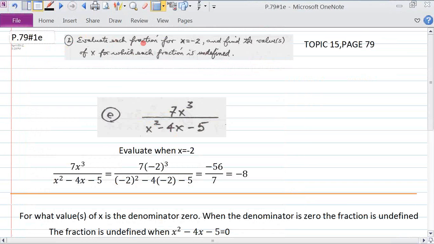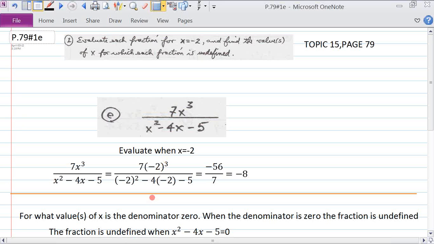79 1E, evaluate each fraction for x equal -2 and find the values of x for which each fraction is undefined. So first thing what we do is evaluate the fraction when x equals -2, and we take the original expression everywhere that x appears, we replace it with -2.